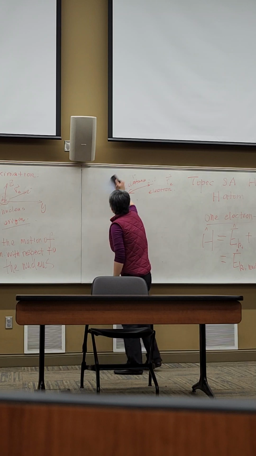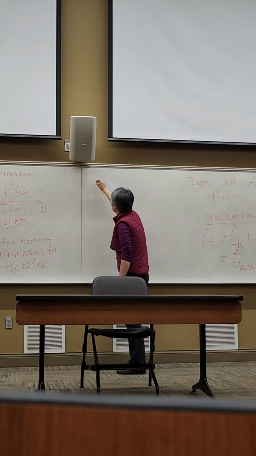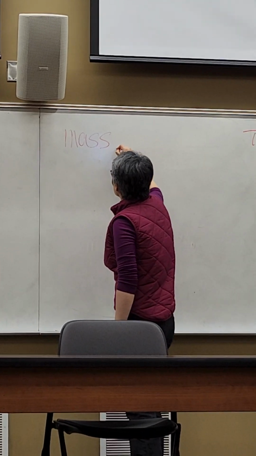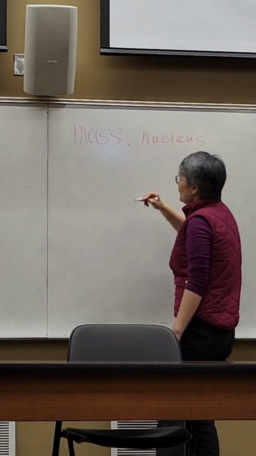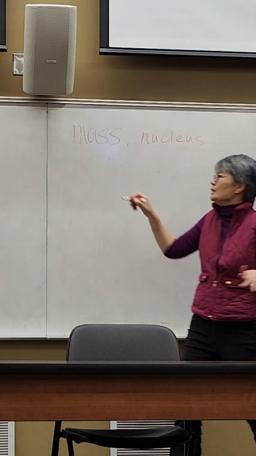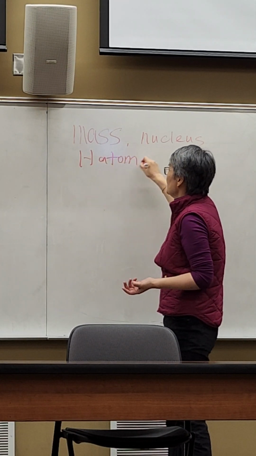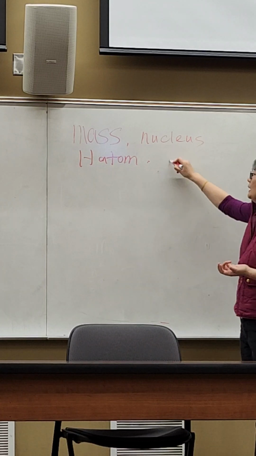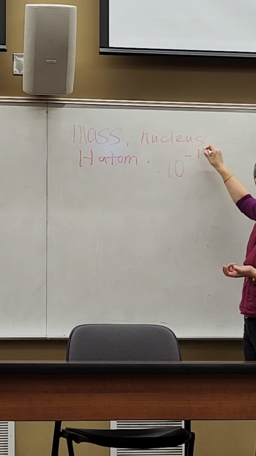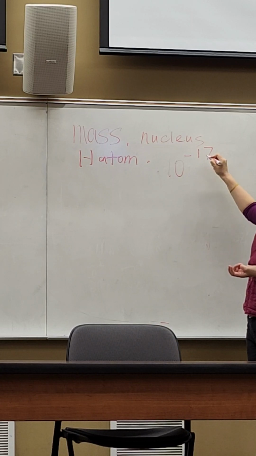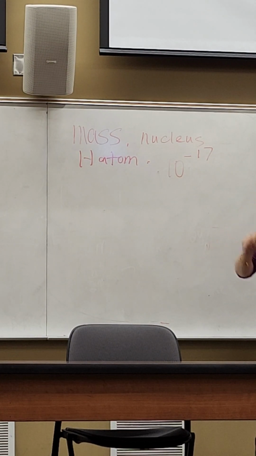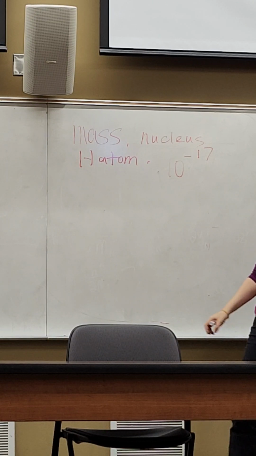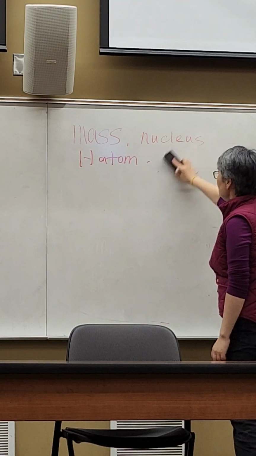Now you can think about it. Let's think about the mass of the nucleus, using a hydrogen atom as an example. What value roughly for the mass of the hydrogen nucleus? On what kind of order? 10 to the negative 27.